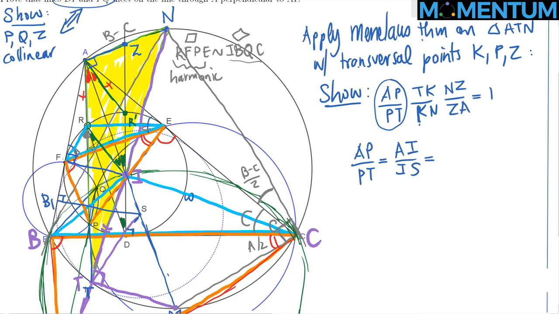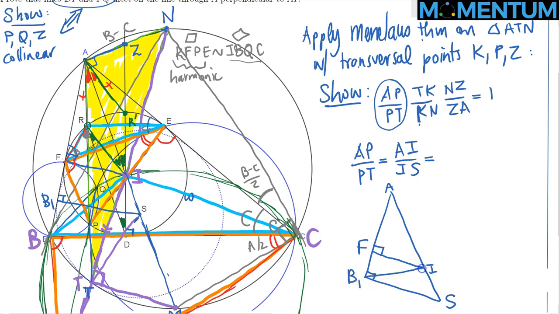So now we will focus on these two triangles, right? So we have a situation like this. We have A, I, S, that's a 90-degree angle, that's a 90-degree angle, and I labeled this one as F, and this one is B1, and I'm going to connect B1I as well.